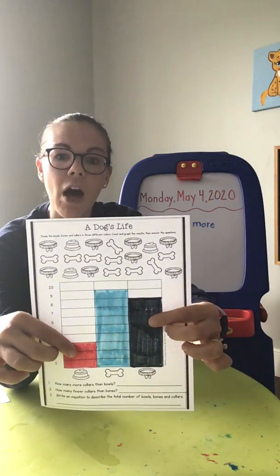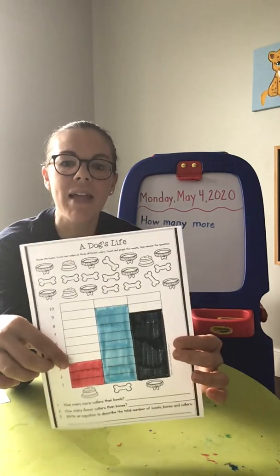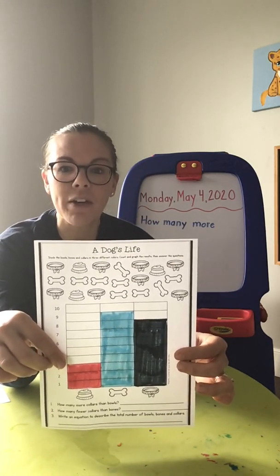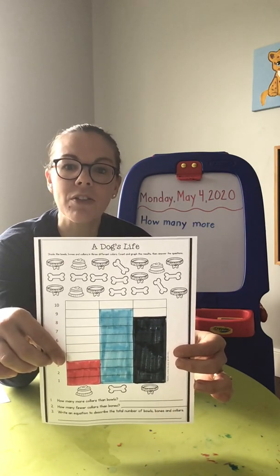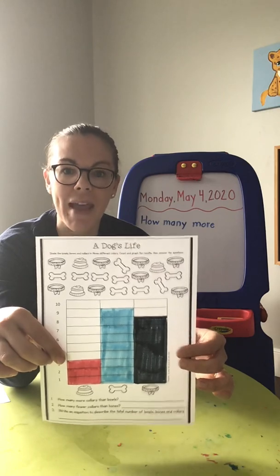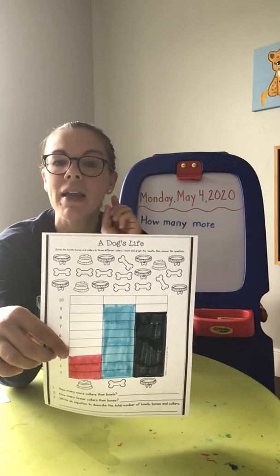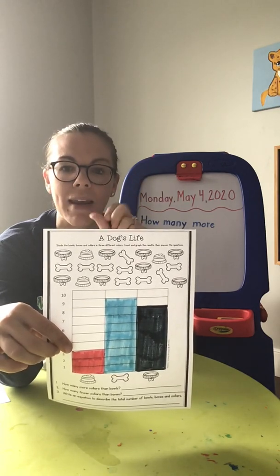We already know that there's more collars than there are bowls, but the question's asking us how many more. Anytime you hear the words, how many more, you are going to subtract, okay? Those three words, how many more, tell us that I'm going to subtract those two items we're looking at.